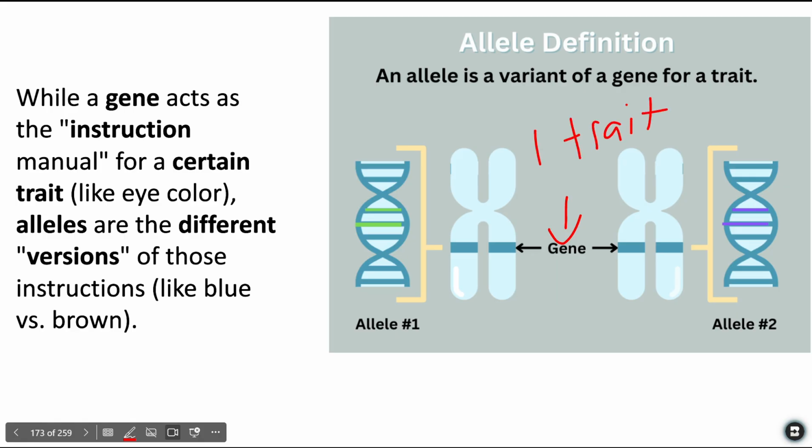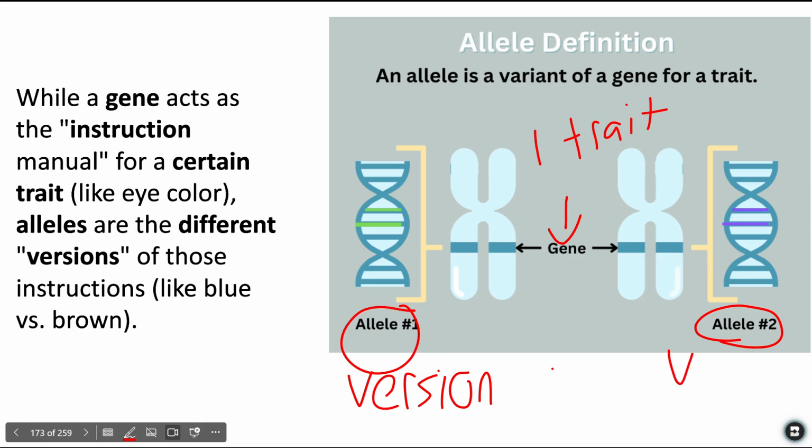Now, the thing about our traits is that when we inherit our genes, our chromosomes from our parents, we're inheriting different versions, and those versions are called alleles. So this is like basically saying version 1 of this gene and version 2.